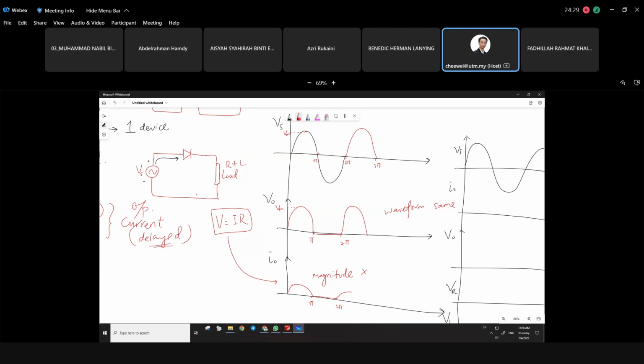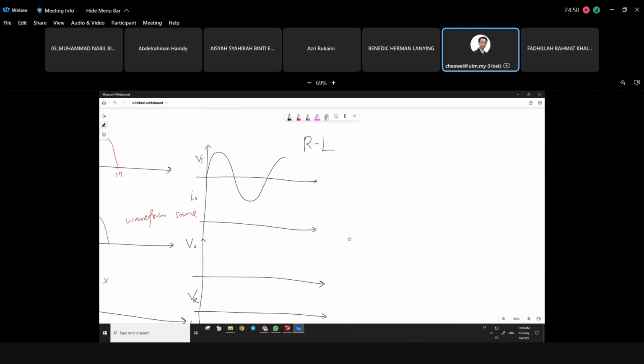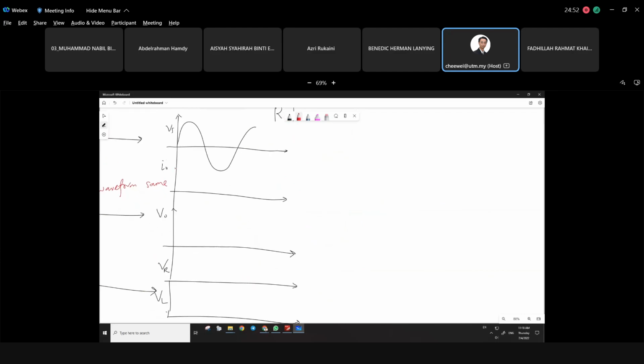Okay, during the negative half cycle, the inductor is able to release the charge. So you expect that instead of stopping at pi, the inductor is still releasing the current, right? Releasing the charges. So the flow of charges is actually current. So you expect that the current is actually delayed a little bit. So with the inductor coming in, the I out is not stopping at pi, but it will go a little bit further.